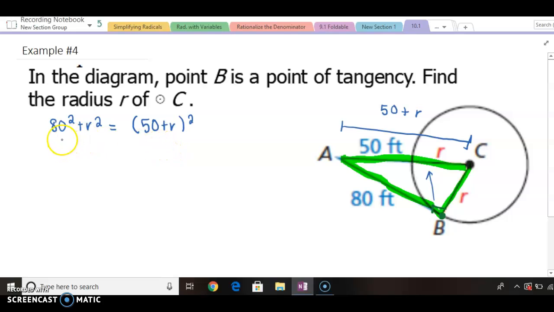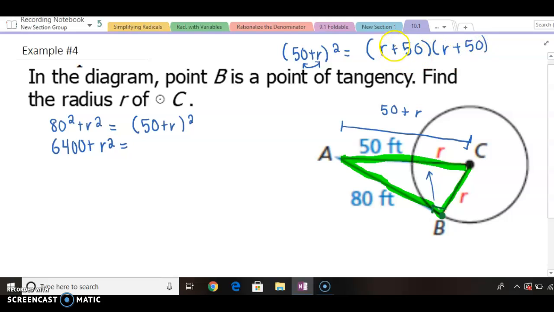So 80 squared gives me 6,400 plus r squared equals (50 plus r) squared. I'm going to flip these around just because it makes it easier for my brain: (r plus 50) times (r plus 50). Then we have to FOIL it. When we FOIL that, we get r squared plus 100r plus 2,500.